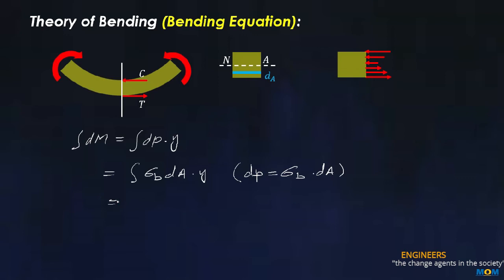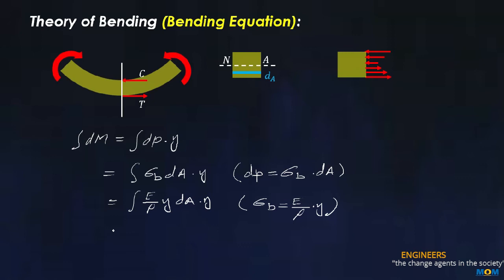Further, we can write as E upon rho y dA y as sigma b is equal to E upon rho into y.